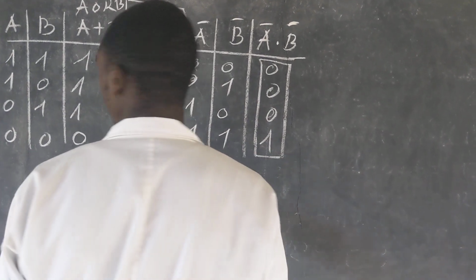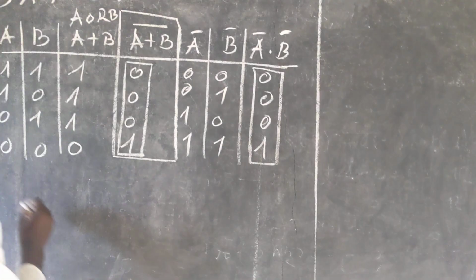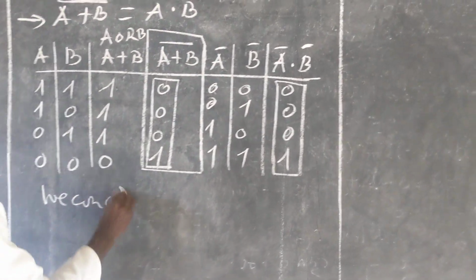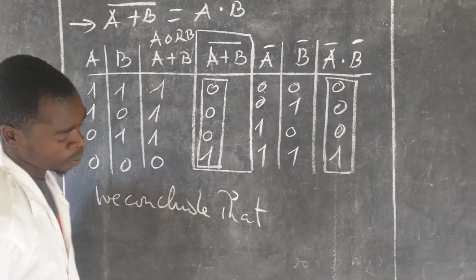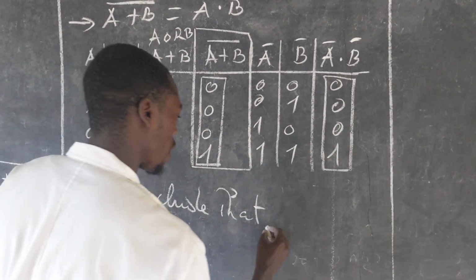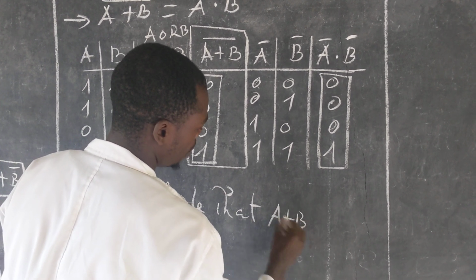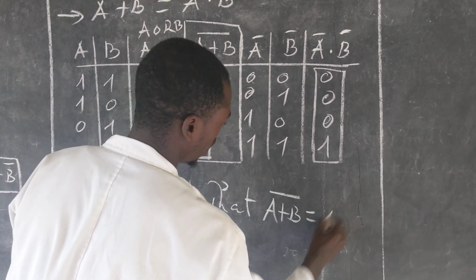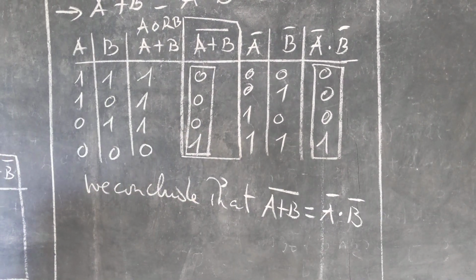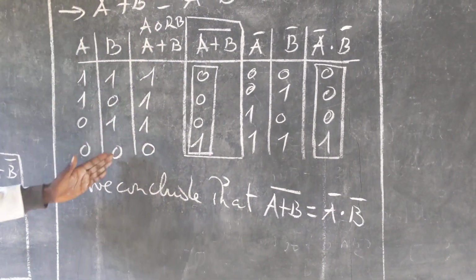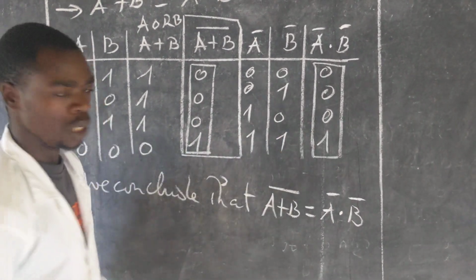And then we conclude that here, the negation of A plus B is equivalent to A not cross B not. So now you see it is proved according to De Morgan's theorem. The value you have here is equivalent to this one.